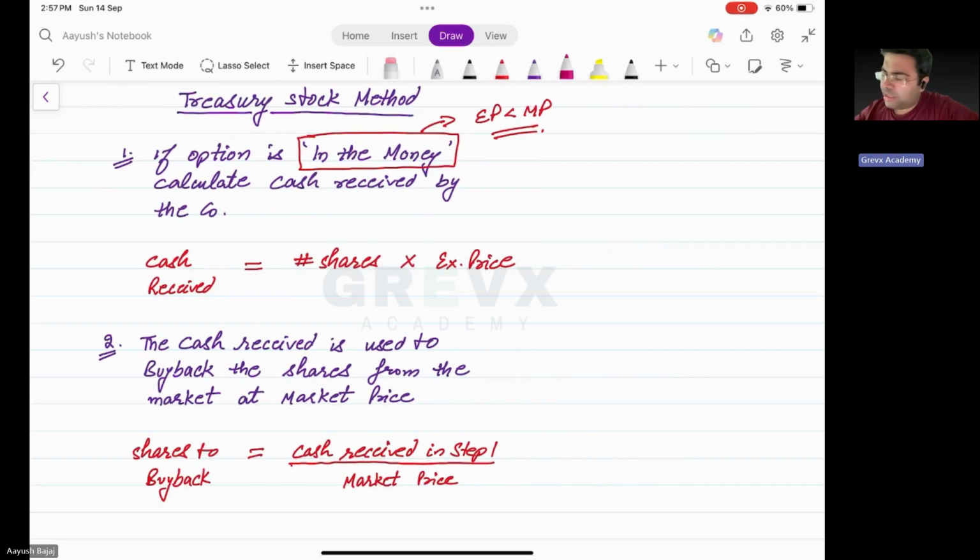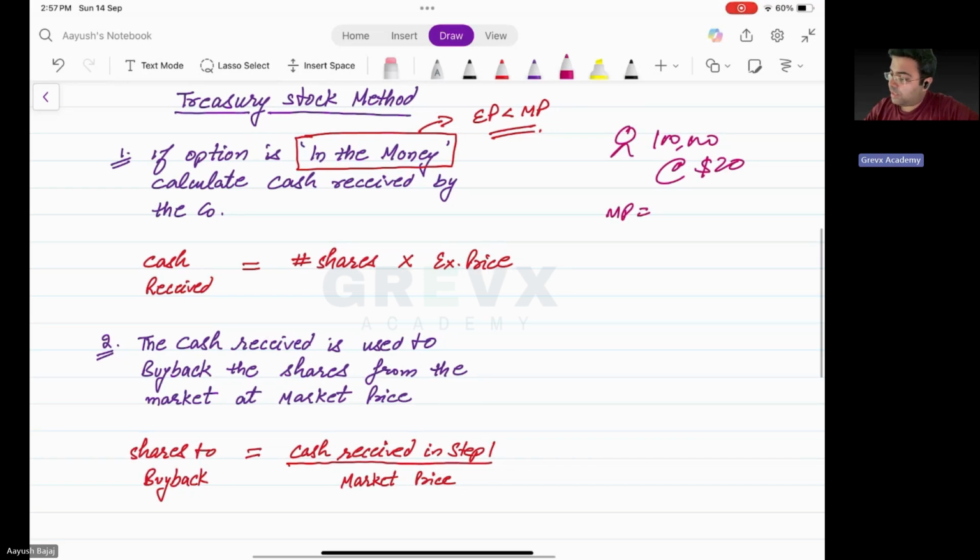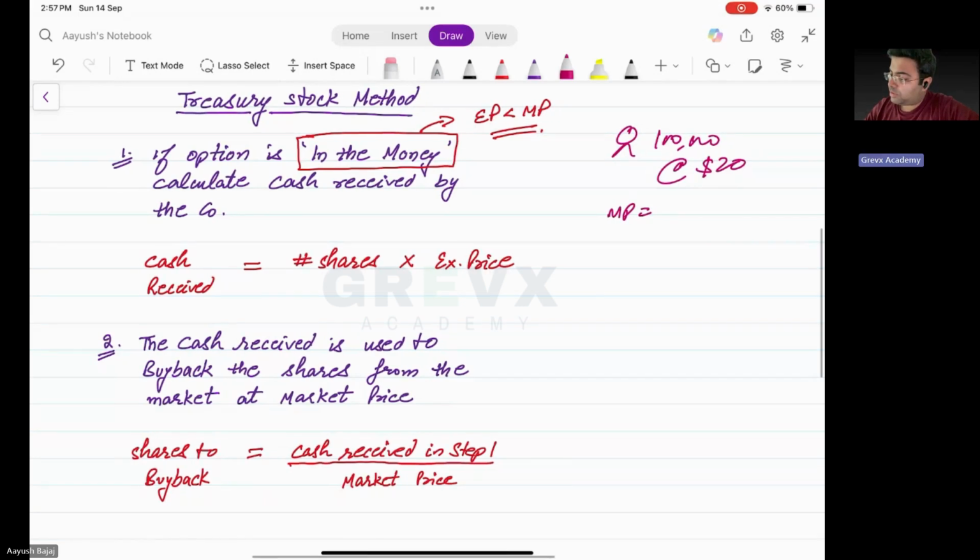Let us try and understand it by taking an example. Suppose the company has given you an option that you can get 100,000 shares at $20 per share. The market price is, let's say, $50. Is the option in the money?